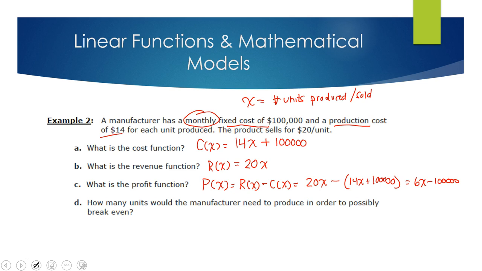The profit is zero, but I'm not making a loss either. So you can say, I want to see when these two are equal, which means the profit is going to be 0.